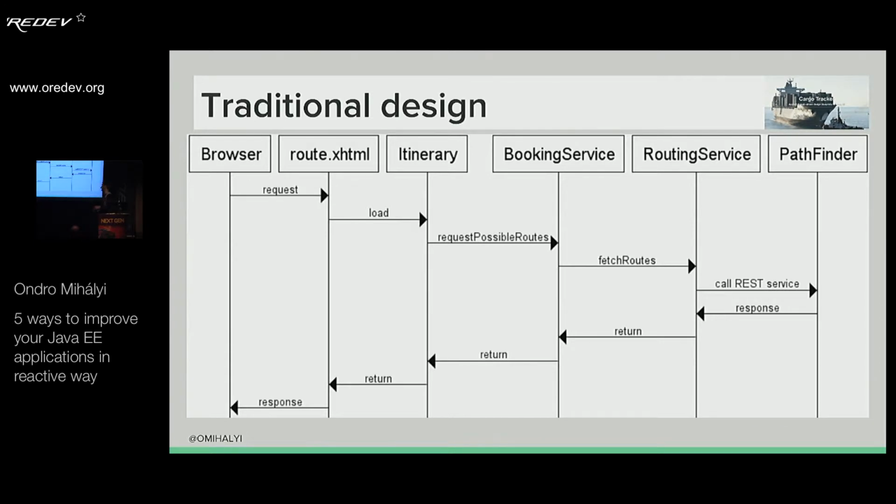I'll show you the application in a couple of minutes. The request is processed just in one pipeline through multiple layers, and in the end there is a REST call to another service that will just provide some data, and then it has to bubble again to the XHTML file, the JSF file, which completes the response and sends it to the browser.